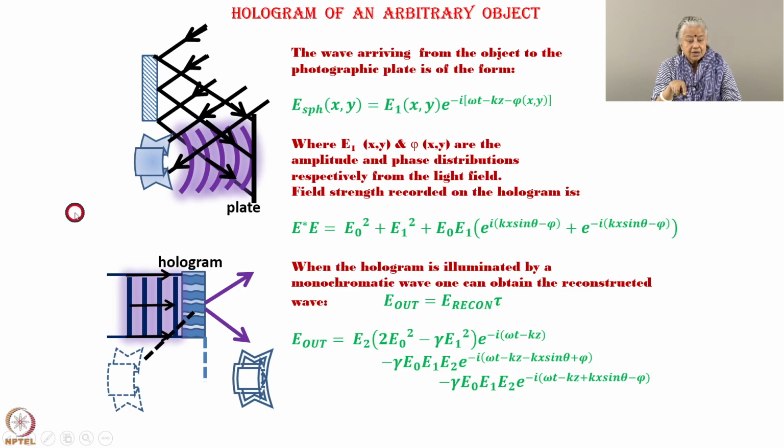So, you know, previously what I have taken is E1 as constant and then E0 as constant. But now even that amplitude will have a certain variation, because it is an object which is not a point source. Even in case of that point source, E1 was constant. I did not take E1 as a function of x and y.